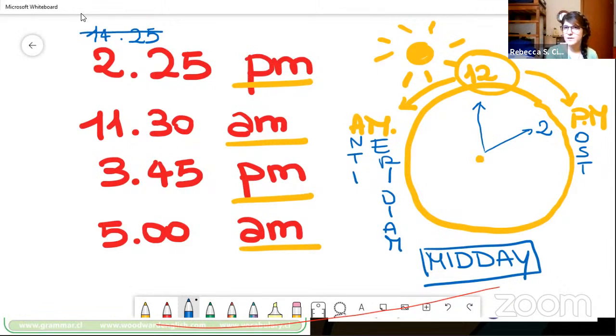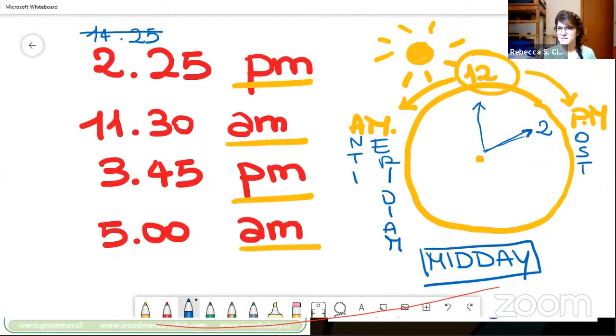Instead of the digital clock, you should probably think about this one, okay, like the one with hands moving depending on the time, because when it's 14:25, for example, the hand is on 2, right?